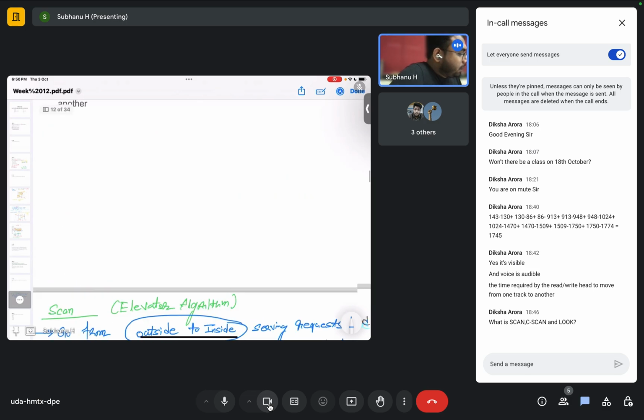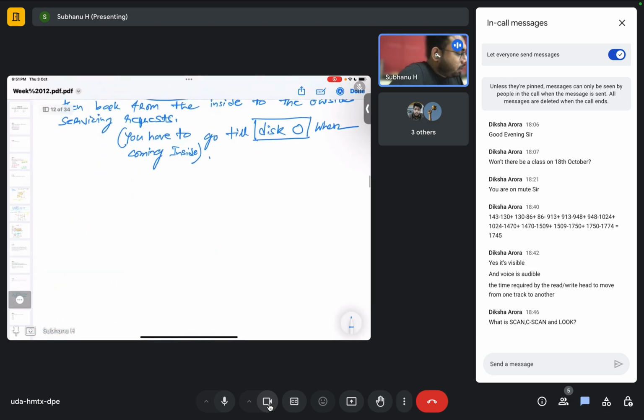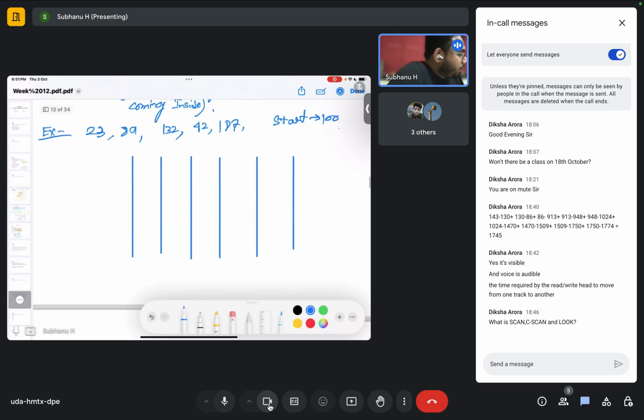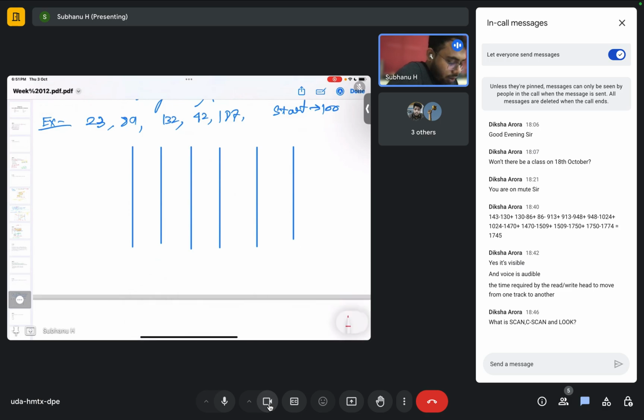So we'll be seeing the same example. What was your example? That was 23, 89, 132, 42, 187, starting from 100. So 1, 2, 3, 4, 5, 6.